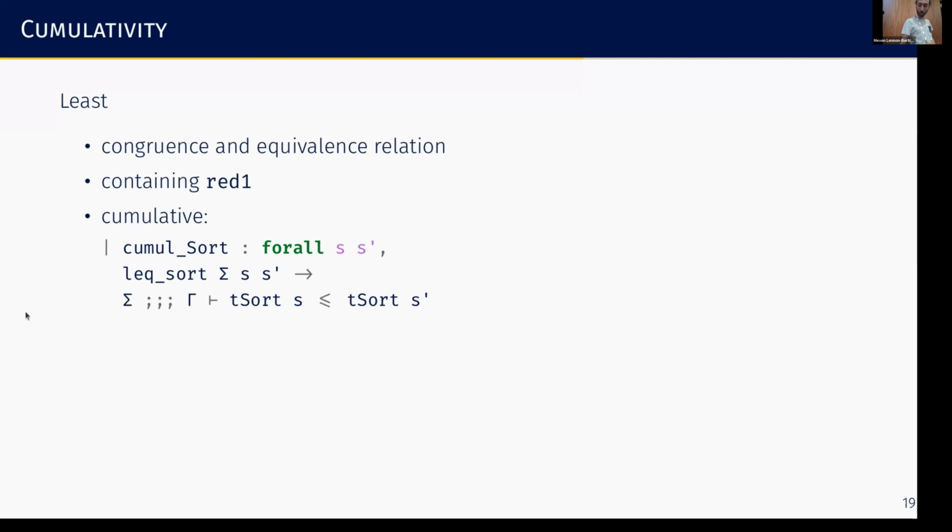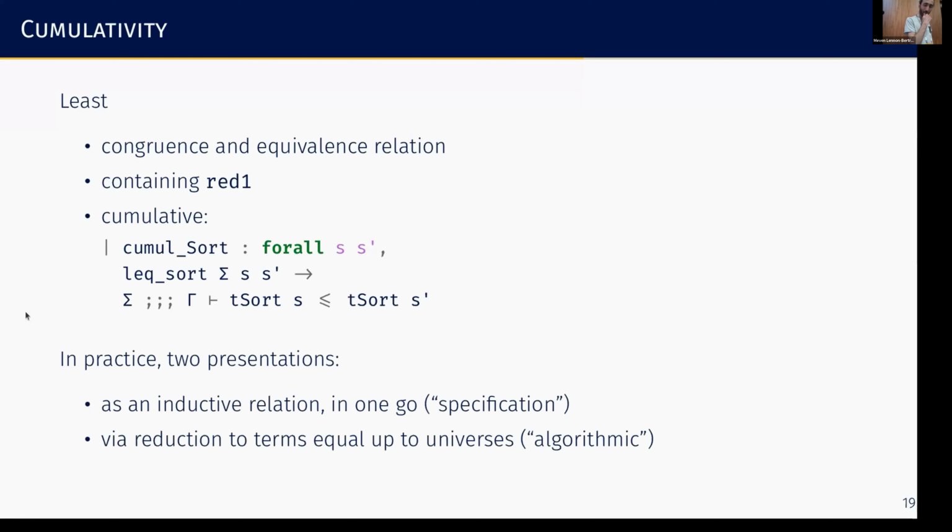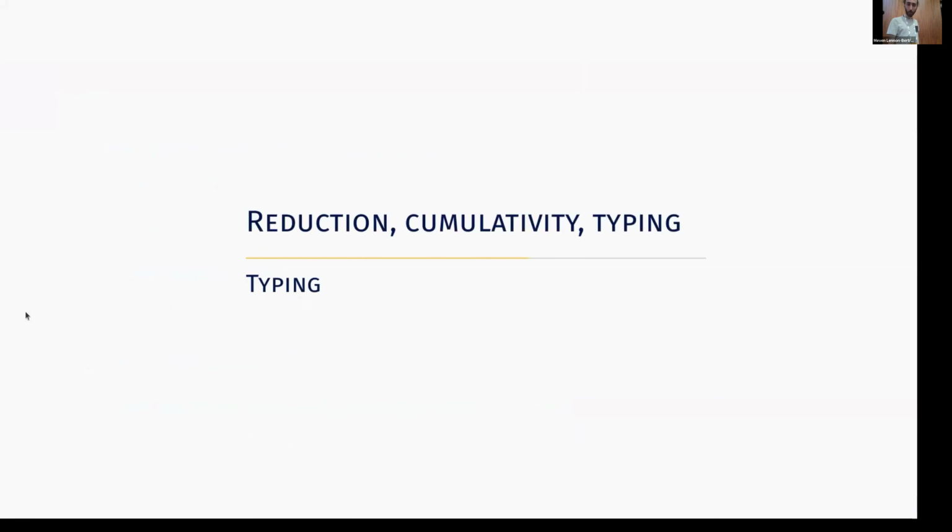And you can go look up in the formalization what it looks like. Basically we have two ways to write this down, either directly as an inductive relation, so you have everything spelled out, or in a more algorithmic way where you go through reduction to things that are equal up to universes using this leq term from before. And then we show later on that these two things actually coincide.